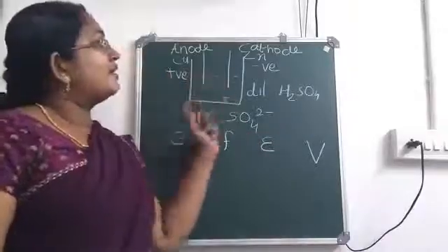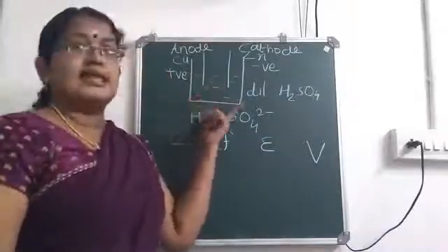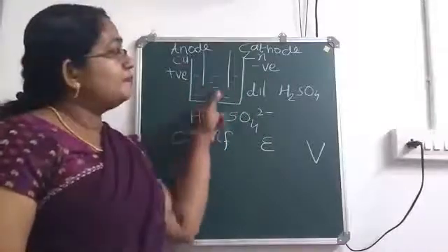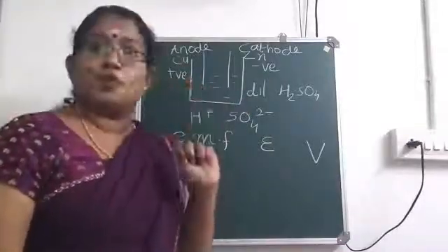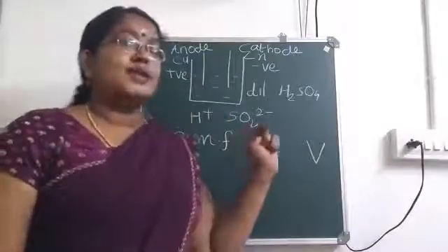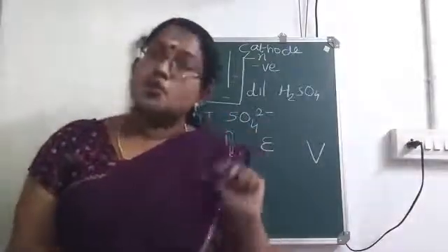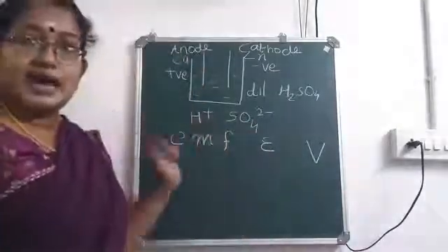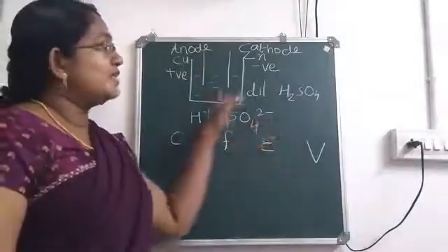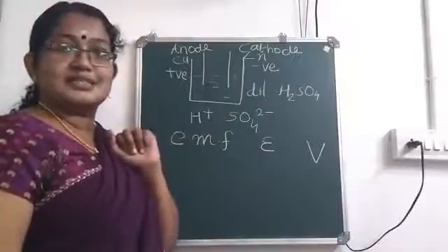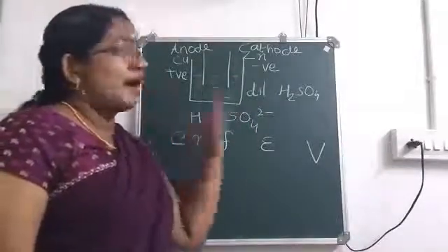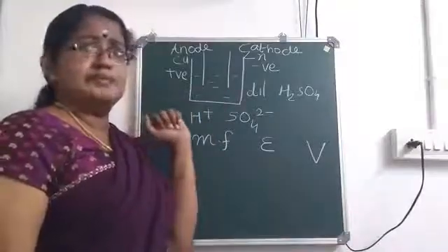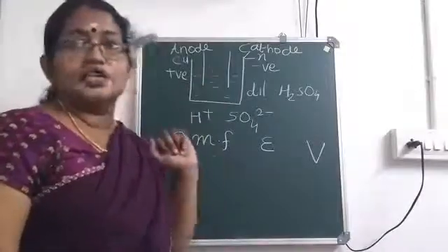Now, I have taken a cell with copper and zinc electrodes dipped in dilute H2SO4. Sulfuric acid in water dissociates into H plus and SO4 2 minus ions. SO4 2 minus ions move towards zinc and provide electrons to it, so zinc becomes negatively charged.